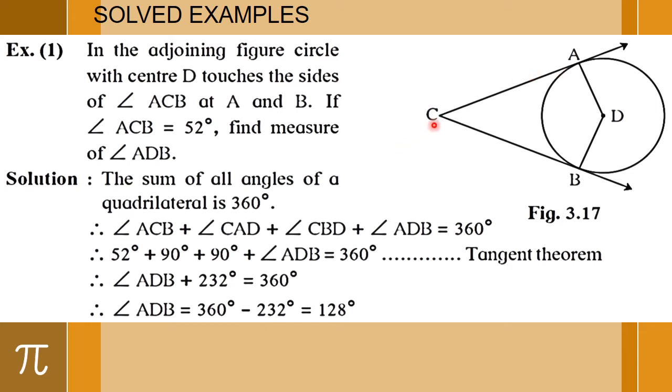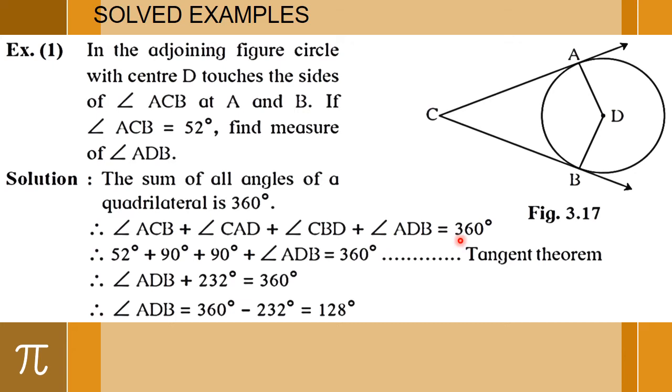Okay, so angle C plus angle A plus angle D plus angle B is 360 degrees. So by the three letter naming, angle ACB plus angle CAD plus angle CBD plus angle ADB, all these four angles will give us 360 degrees.